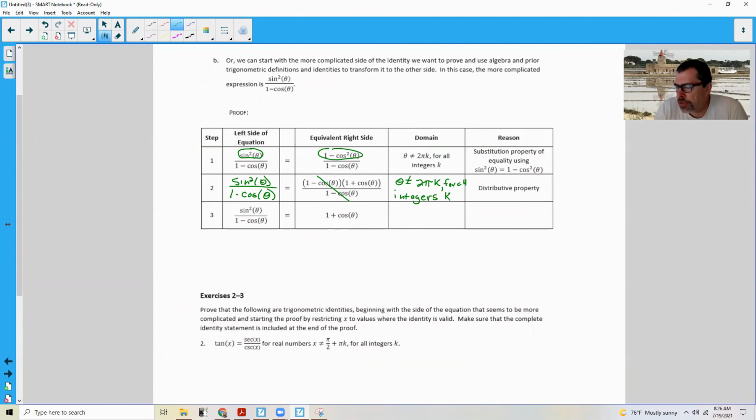And that's a substitution property of equality, using 1 minus cos theta over 1 minus cosine theta equals 1. And yet again, our denominator did not change. So this is going to equal the same thing. Theta cannot equal 2 pi k for all integers k.